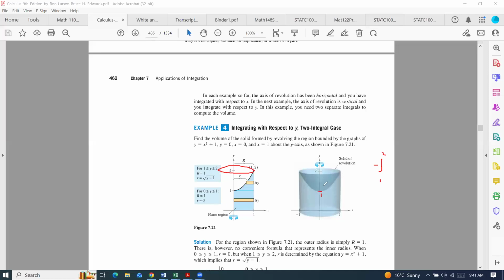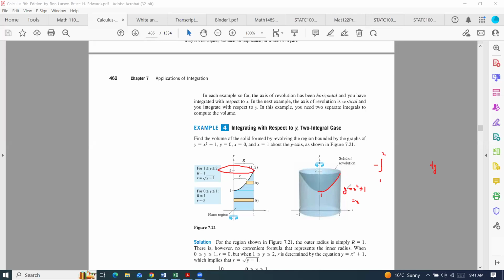So if you look at the equation of the parabola, which is y is equal to x squared plus 1, then you need to integrate y from 1 to 2 with respect to y, so you need to rewrite this as a function of the variable y. Your y is variable.